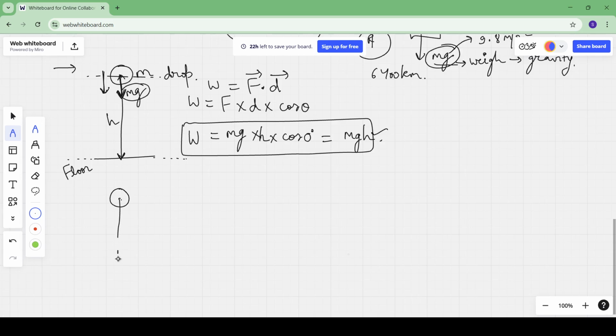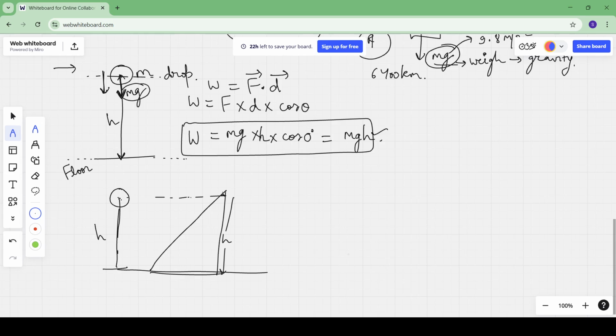Okay, I'm just drawing the diagram again. So this is height h. In its place, I'm now making another diagram. Here also the center point is the same, and the height is also h.